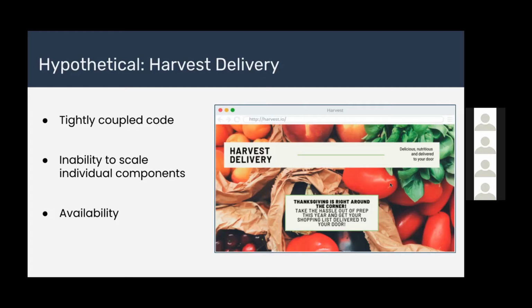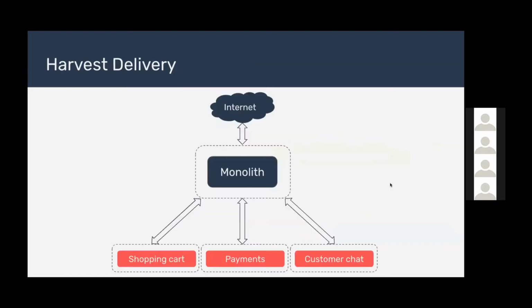Extracting some of the application components into microservices can help keep such outages isolated. And it means that only users attempting to use the affected microservice will be impacted. So because of these challenges, Harvest Delivery wishes to extract some of their logical components out of the monolith into separate microservices.